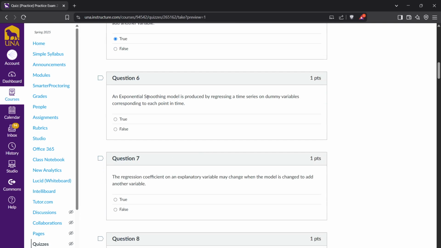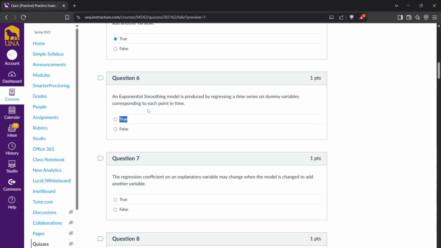Question 6. An exponential smoothing model. Exponential smoothing produces some sort of an average of the last observation and the forecast that you made for the last observation and recombines those in a weighted average in order to predict the next forecast. So it's kind of a cute model, but let's see what this question says. Is produced by regressing a time series on dummy variables corresponding to each point in time.